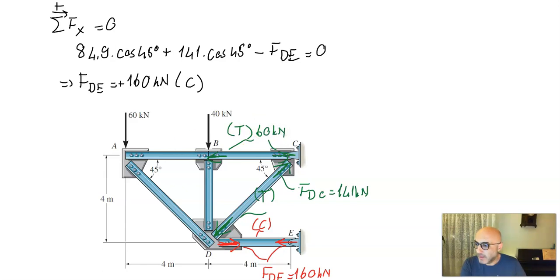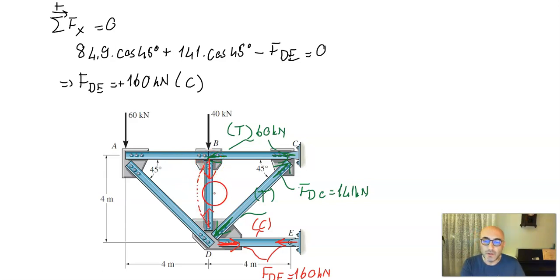FBD, this one is under compression, so element BD is compressed, under risk of buckling like that.